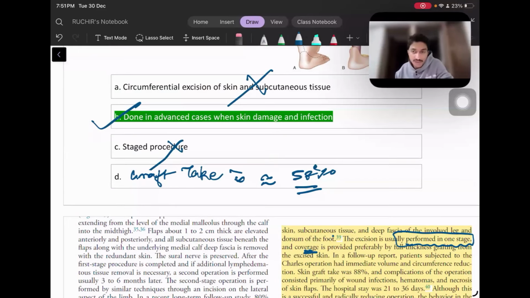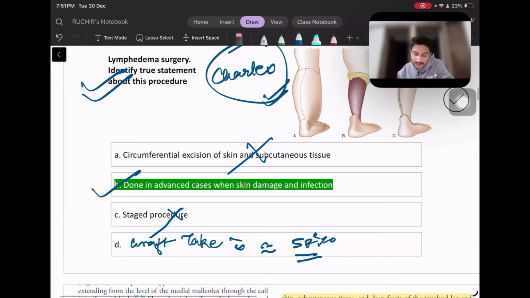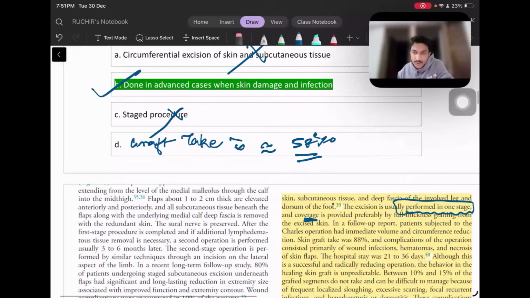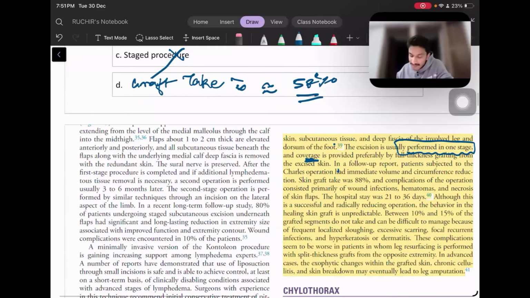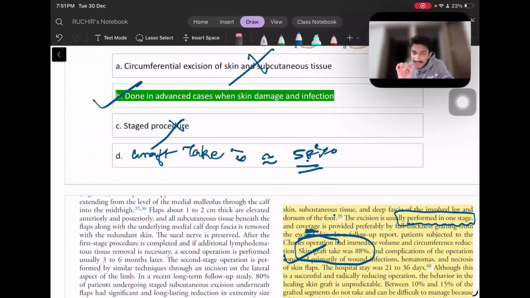So deep fascia of the involved leg is not mentioned, so that cannot be the answer because they have asked which is true. So it is done in advanced cases and in skin damage. And if you see, the percentage also changed: the skin graft take was 88%, here they have mentioned 58%. So that is clear that they have taken it from the Sabiston textbook and from this particular paragraph.